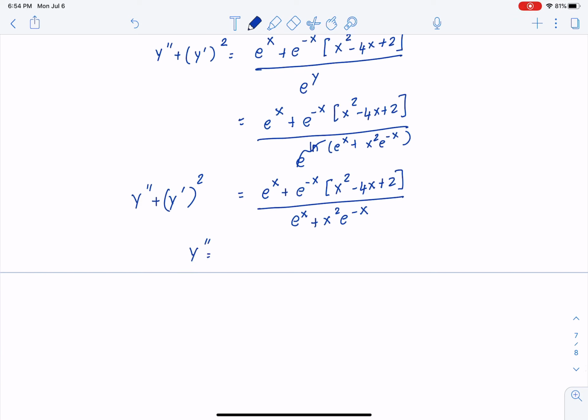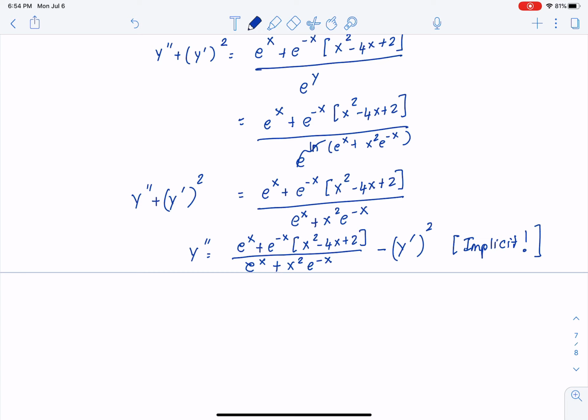So I can leave the second derivative as e raised x plus e raised negative x multiplied by x squared minus 4x plus 2 divided by e raised x plus x squared e raised negative x, minus y prime squared. And that is implicit. And that is also an acceptable solution.